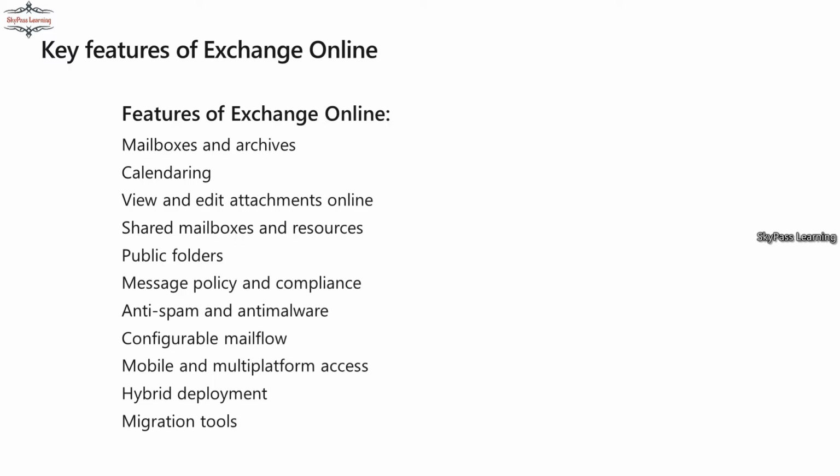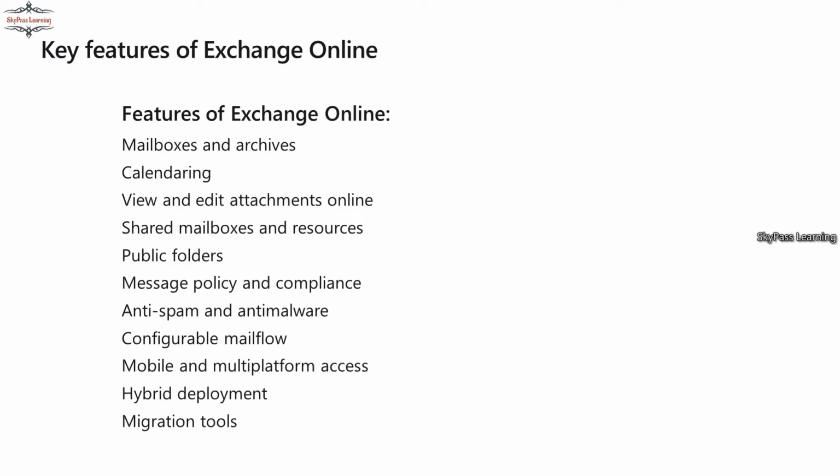And the best part is that in Exchange Online you have unlimited storage space, and even in Business Standard or Business Basic, you will get 50 GB of space with your mailbox and 50 GB of archive space also. And if you're going for E3 or E5 plans, you will get 100 GB of space with unlimited archive.